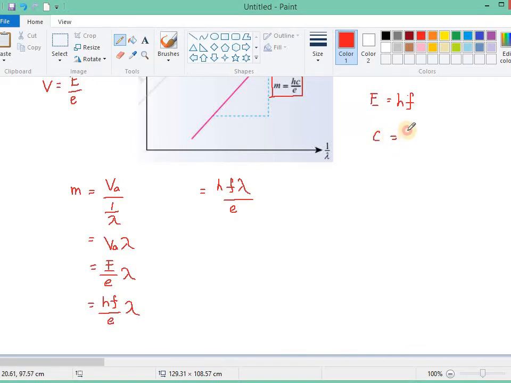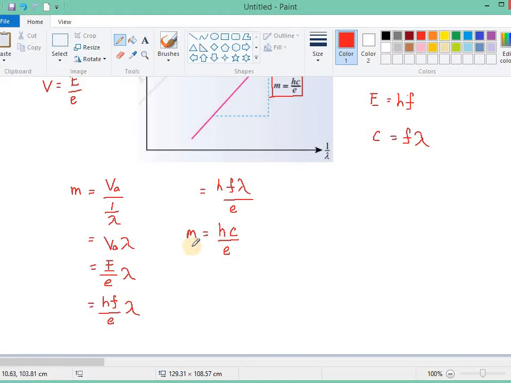From the wave equation, v equals f lambda, with the wave speed substituted with the speed of light, c equals f lambda. So this f lambda can be substituted with the speed of light, c, over e.